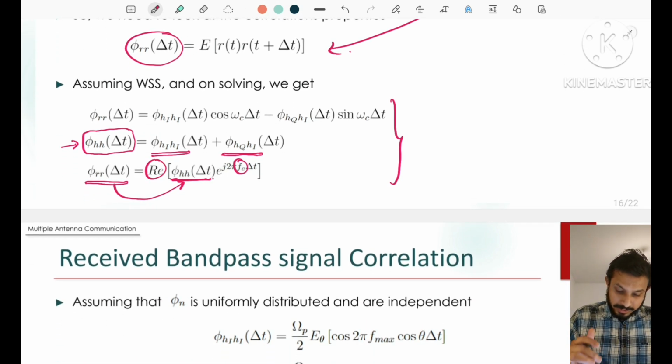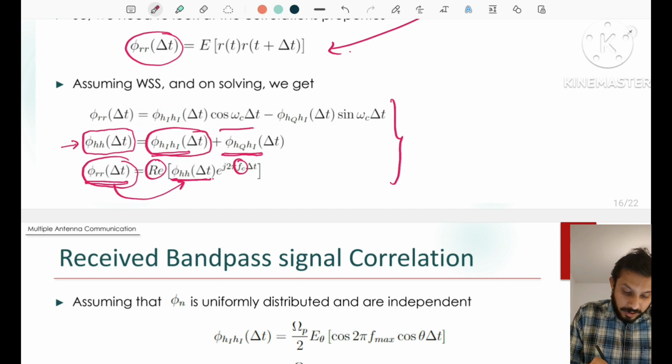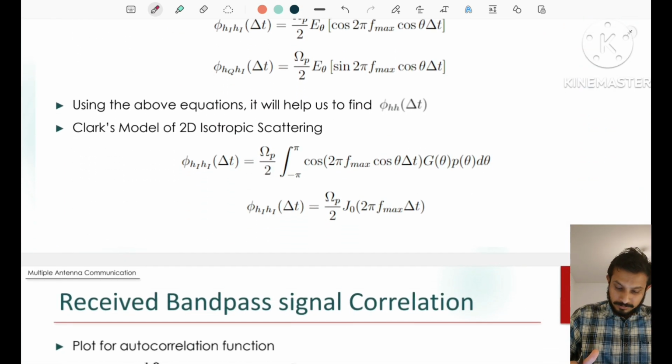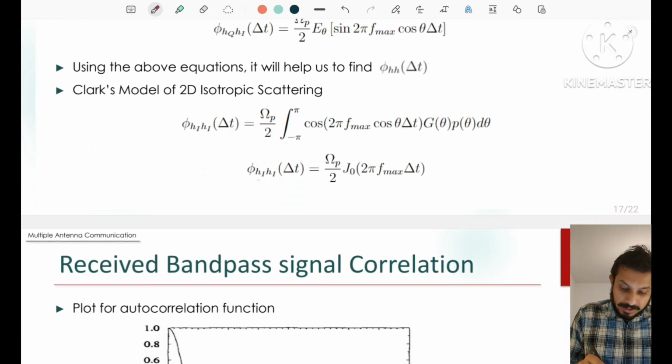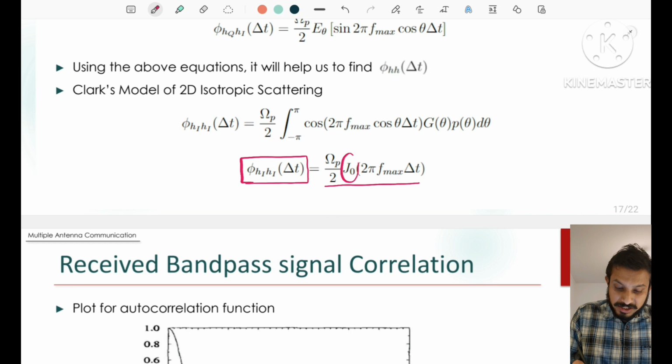So we stated that in order to study this correlation of the received signal, we need to have the correlation of Hi with Hi and the correlation of Hq with Hi. And we obtain that the correlation of Hi with itself is a function of the zeroth order Bessel function of the first kind, which is obtained when p(theta) is equal to 1 upon 2 pi.